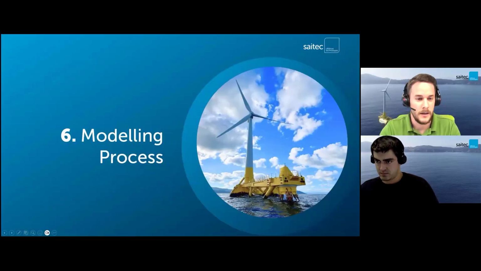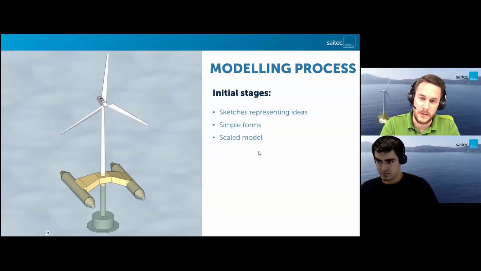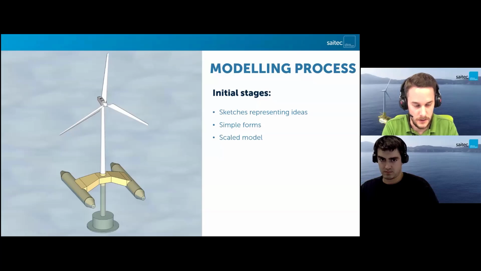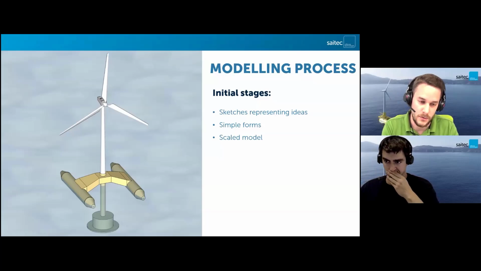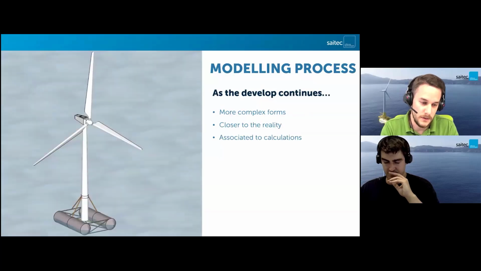Okay, hello. I'll be speaking about the modeling process. In the initial stages, we try to gather ideas and model them with basic forms and small scale models. As the model evolves, it gets more complex because we associate different calculations in order to ensure its feasibility.